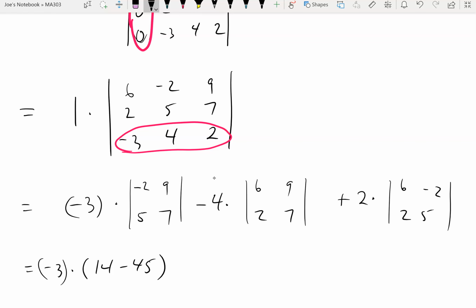Negative 14. I even said negative 14, didn't I? Told you, I can't keep track of negative signs today. 6 times 7, 42, minus 9 times 2, 18. 6 times 5 gives me 30, minus a minus 4.